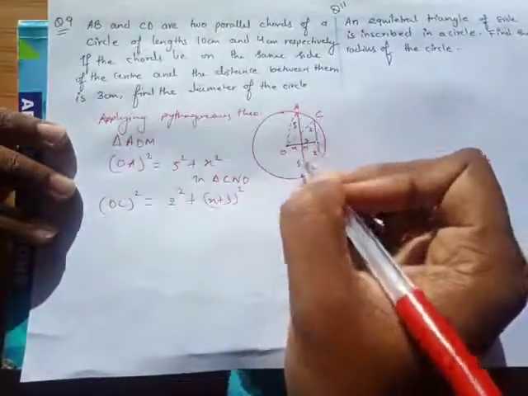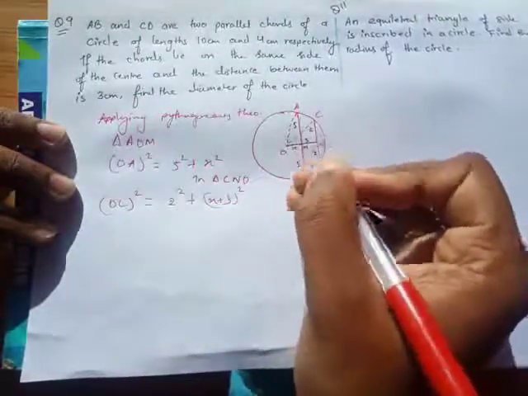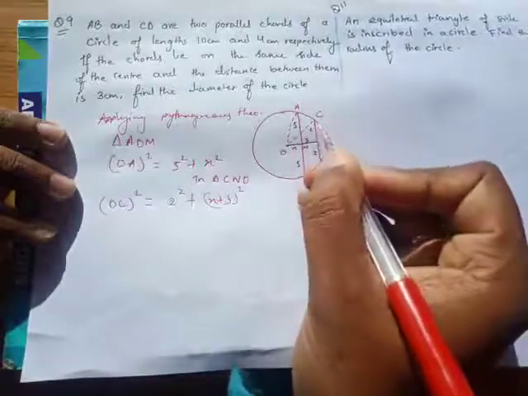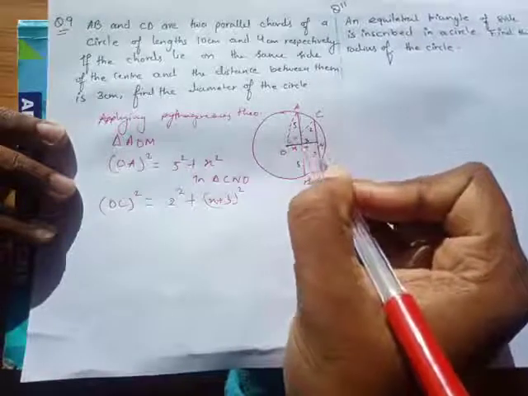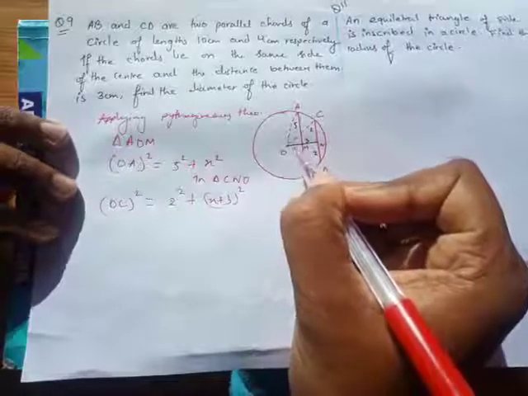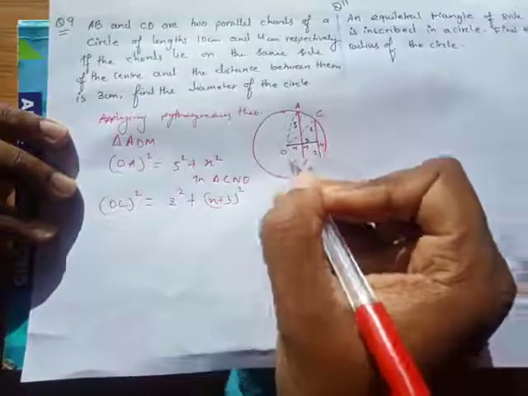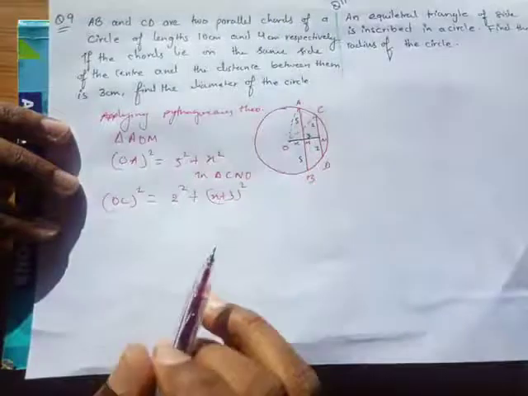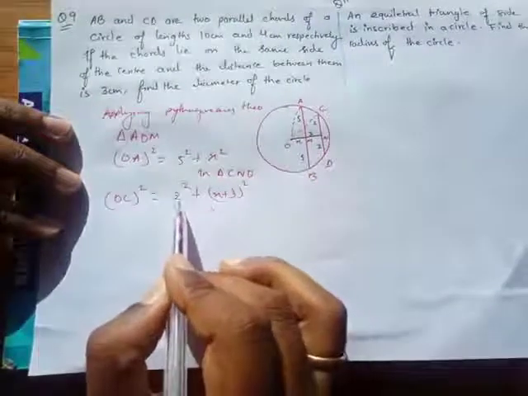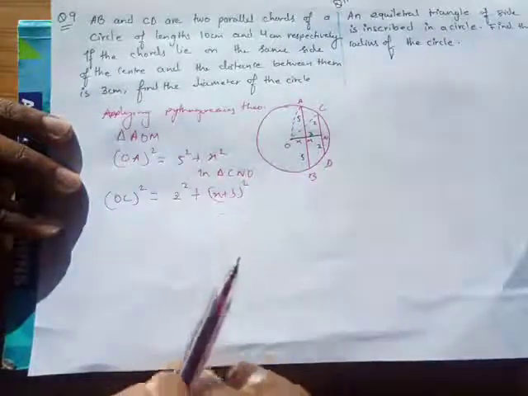This is 2 centimeter, this is 3 and this is x. So altogether the distance from O will be x plus 3. That's why I've written 2 squared plus x plus 3 squared.